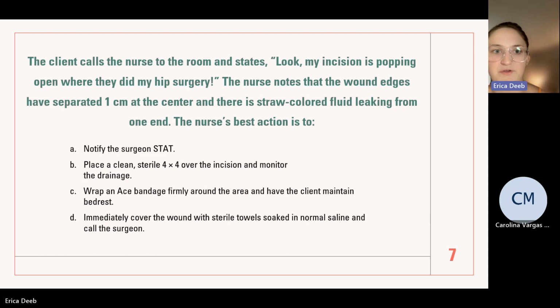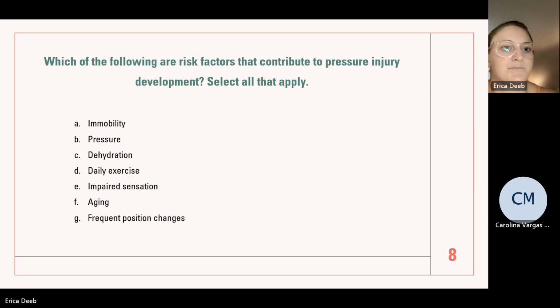So the first thing you want to do in any of these situations is always do something that's going to help prevent any injuries. So B and D are the best two. And we would never wrap an ACE bandage around that, because that is just not what we would want to do. But you do want them to maintain bed rest.